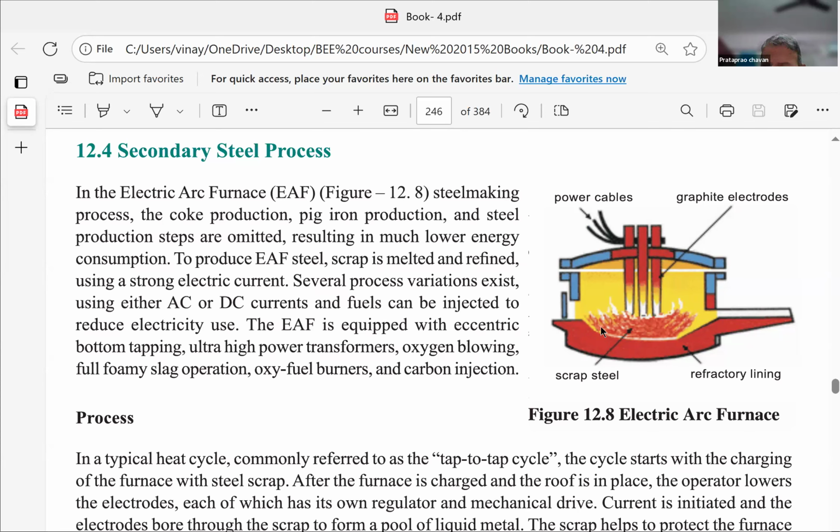This is the scrap metal they have put. Here they are not using any iron ore. Remember, it is already steel, but it is scrap steel. You have only to refine or purify it. So how do you purify? You create a lot of heat here. The entire scrap is melted. The upper portion of slag is taken away.